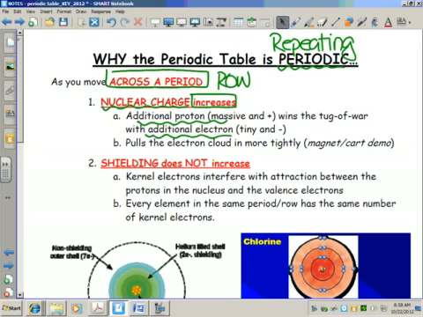Now, the proton and the electron have equal and opposite charges. So that offsets. In terms of coulombs, the force exerted by either one of them, the electron is just as negative as the proton is positive. So like we said, that offsets. What doesn't offset is that the protons are massive and the electrons are tiny.